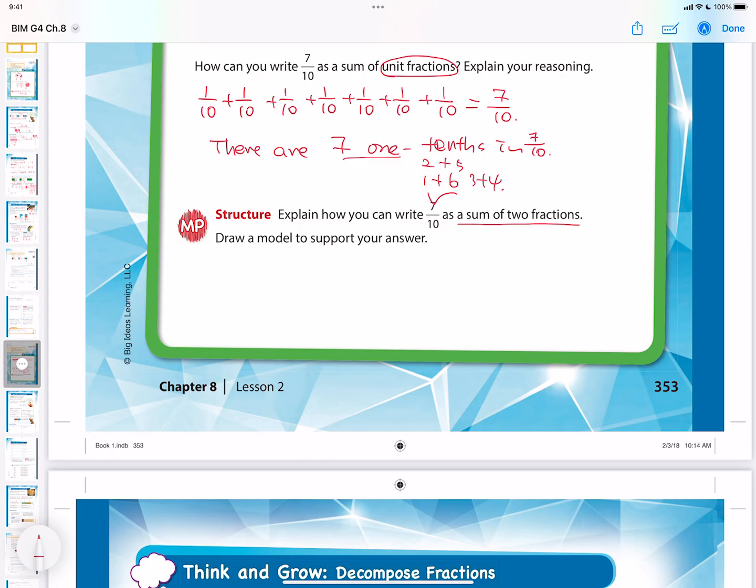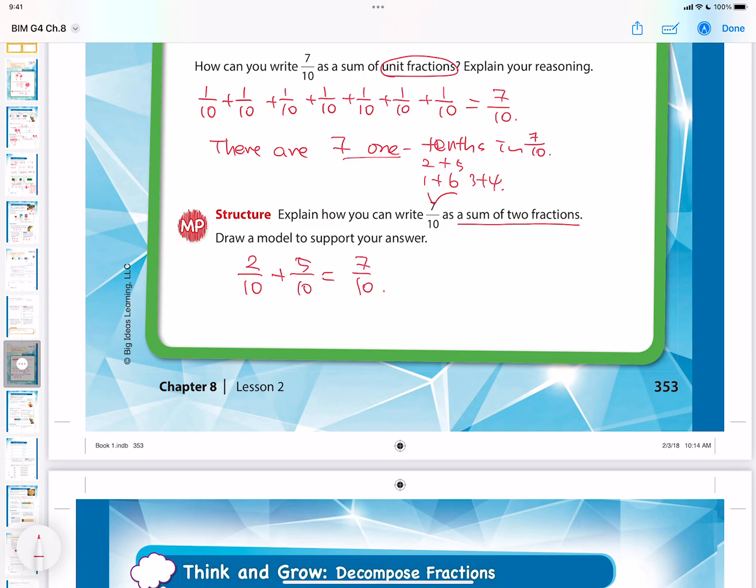Any number you want. So I'm going to pick in the middle, 2 plus 5. So 2 over 10 plus 5 over 10 is going to make what? 7 over 10. Okay, draw a model to support your answer.